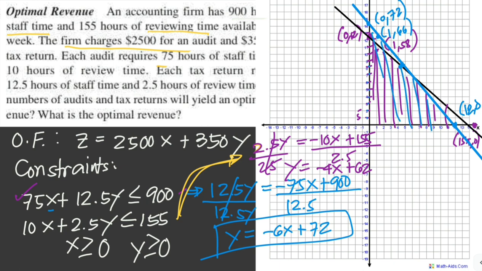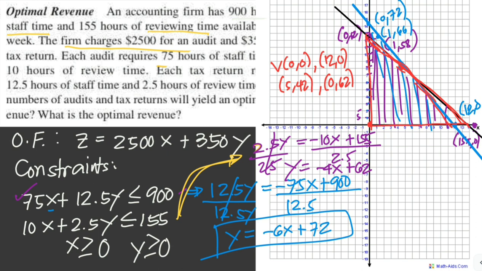So now we get our feasible region. It should be this region here. So we can get our vertices. This region is included. So our vertices would be (0, 0), (12, 0), (5, 42), and then (0, 62).